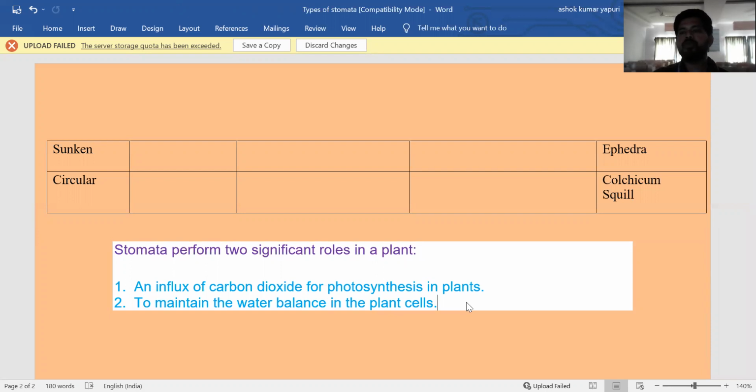Please go through this, and remember the different types of stomata, their synonyms, their general structure, how they are arranged, and the examples. This is very simple. You can easily remember, and you have to remember it compulsorily, because there is a 100% probability of questions in the competitive exams. Thank you.